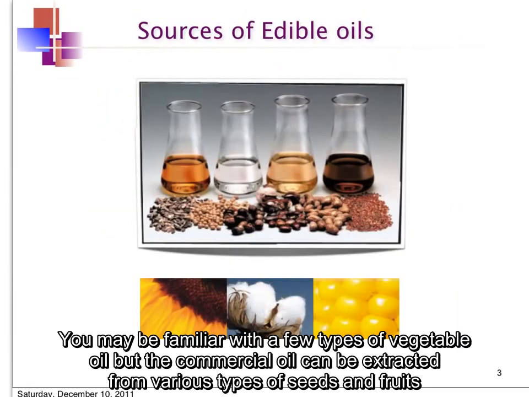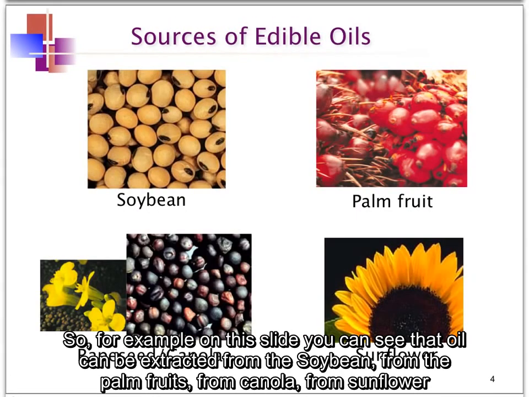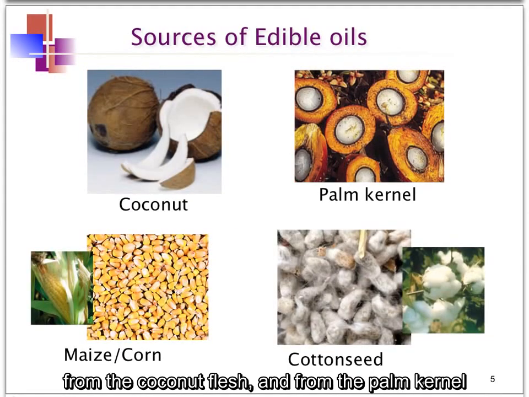You may be familiar with a few types of vegetable oil, but commercial oil can be extracted from various types of seed and fruits. For example, on this slide you can see that oil can be extracted from the soybean, from the oil palm fruits, from canola, from sunflower, from the coconut flesh, and from the palm kernel.